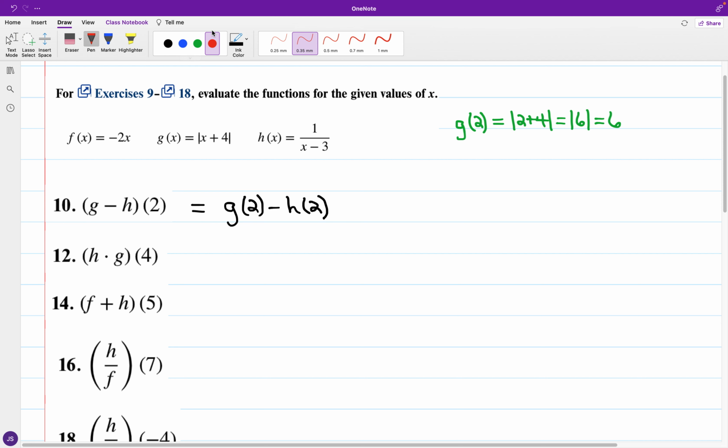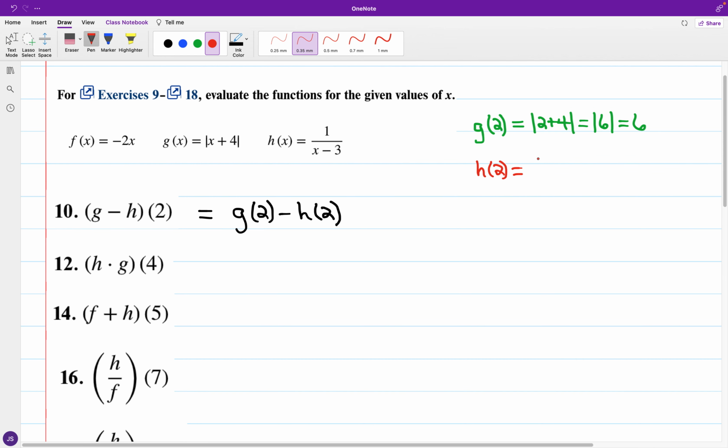And in the case of h of 2, referencing h of x, with x at 2, you have 1 over 2 minus 3, and 2 minus 3 is negative 1, and 1 over negative 1 is minus 1.